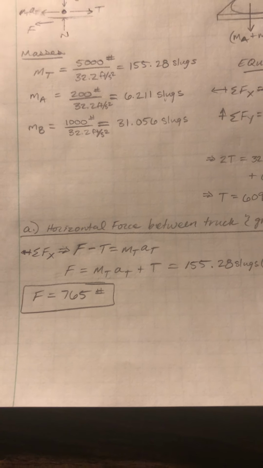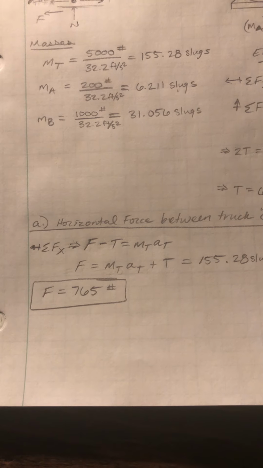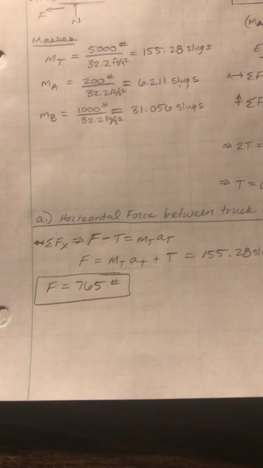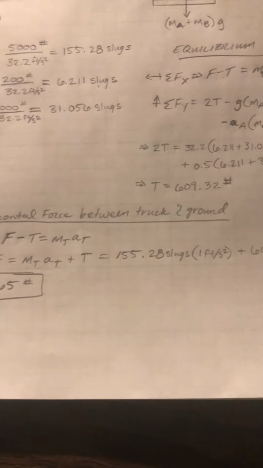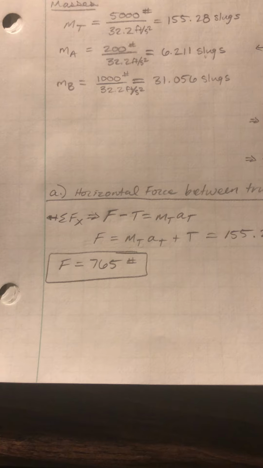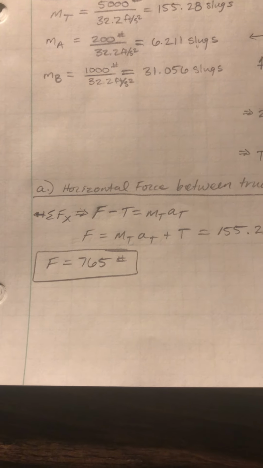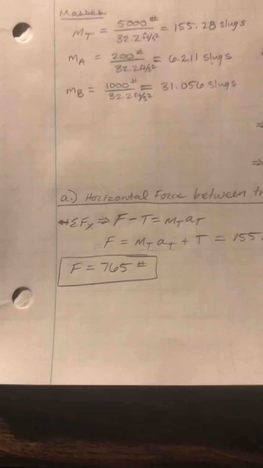And plugging in our values to this equation, F equals the mass of the truck times the acceleration of the truck plus the tension, we're able to find that the horizontal force is equal to 765 pounds.